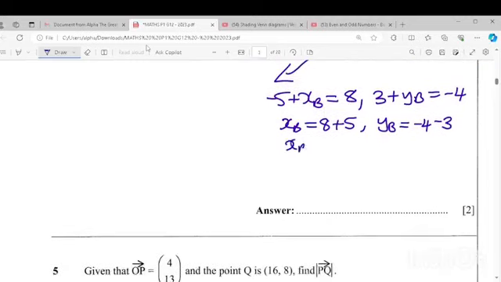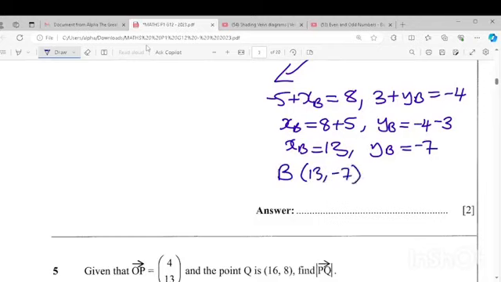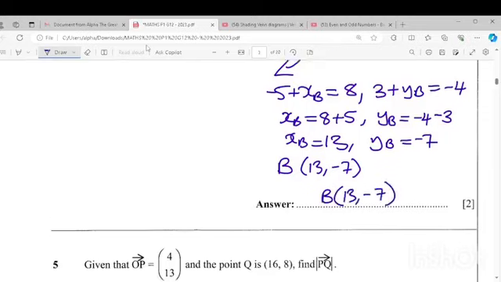So x in B is equal to 8 plus 5, which is 13. Then y in B is -4 minus 3, which is -7. So the B coordinates are (13, -7). All right.